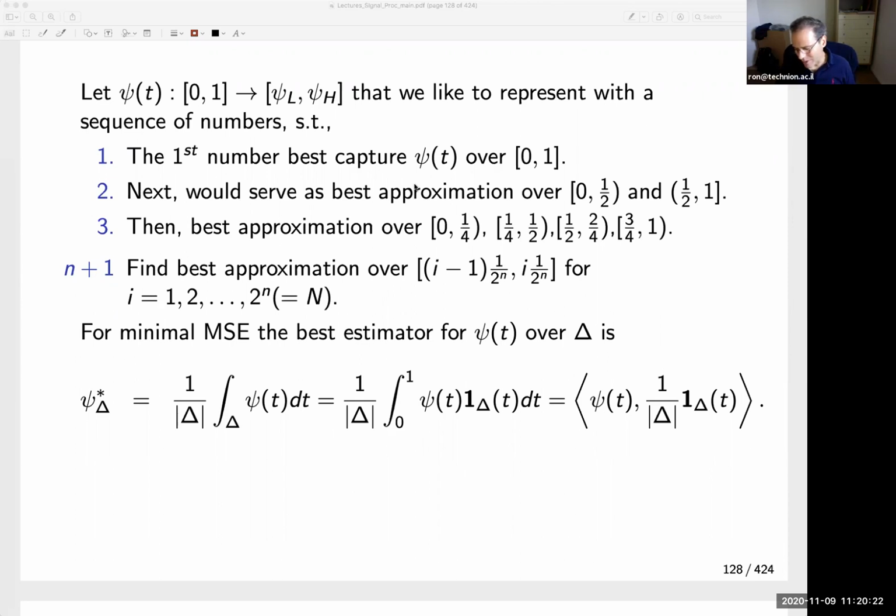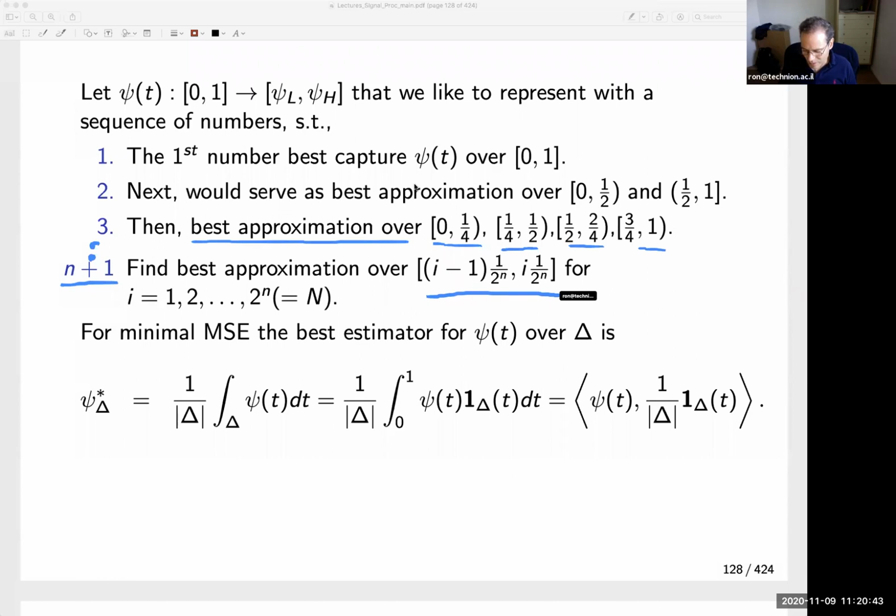Now, what we would like to have when we're talking about multi-resolution is to next approximate over these intervals in the best possible way. And in the n plus one iteration of my story, I would like to find an approximation over these kinds of intervals.